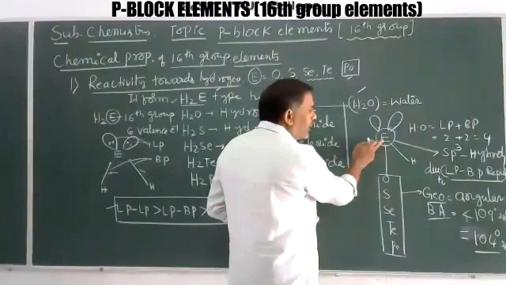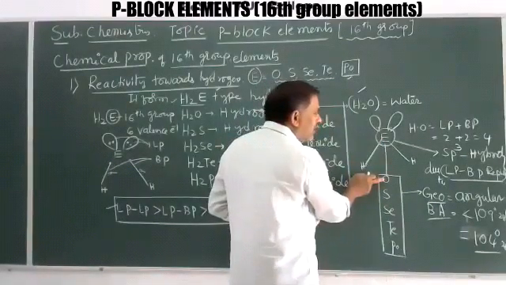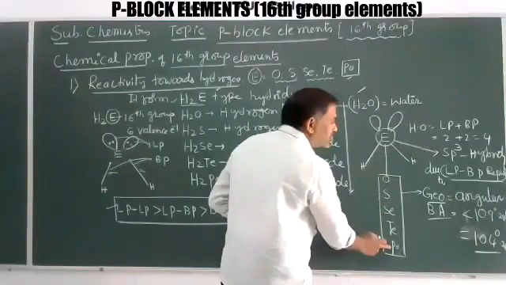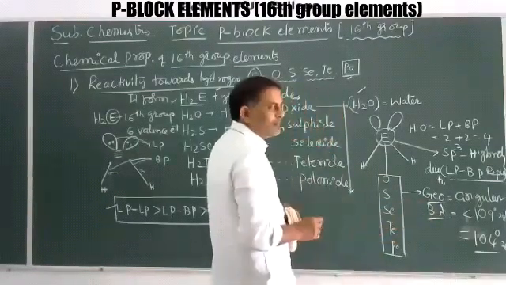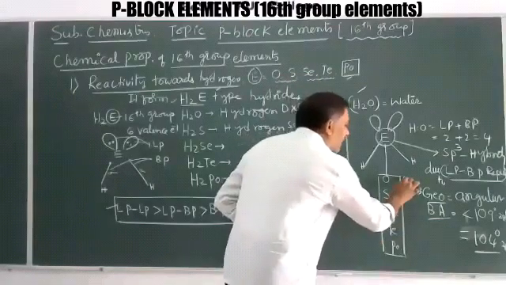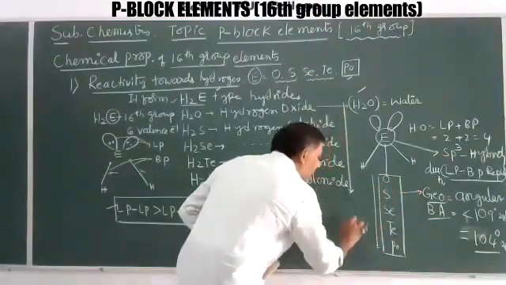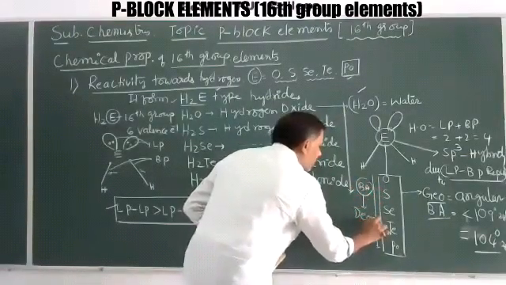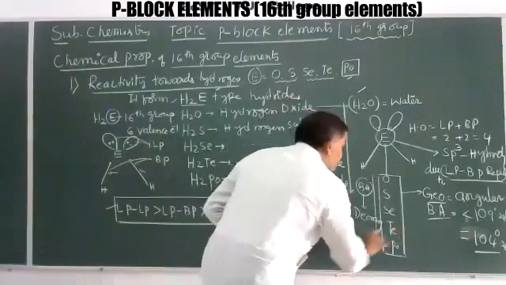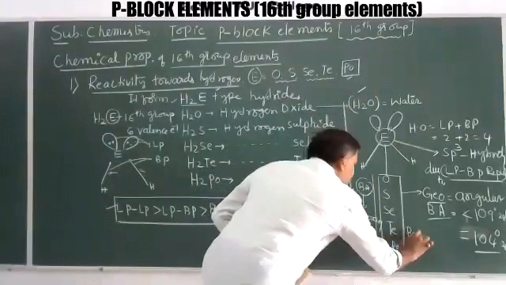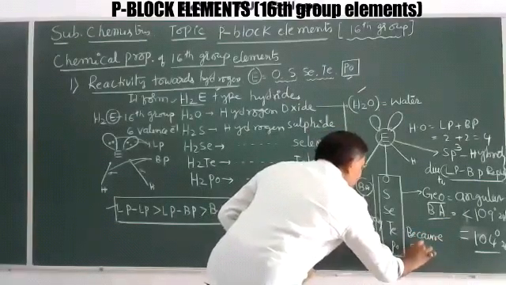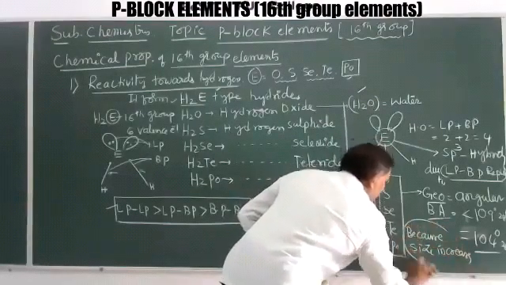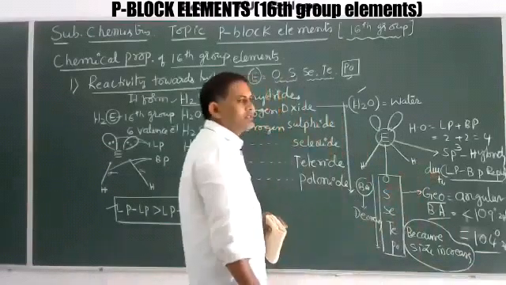But the bond angle decreases from water to hydrogen polonide. Why does the bond angle decrease? Because the size of the element increases.